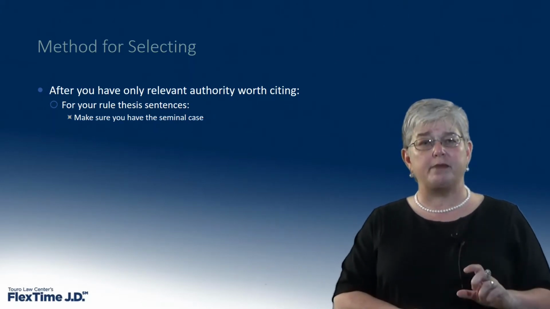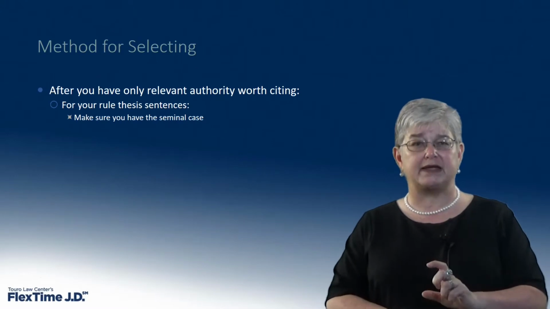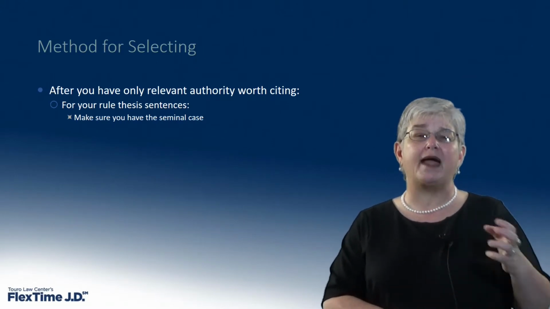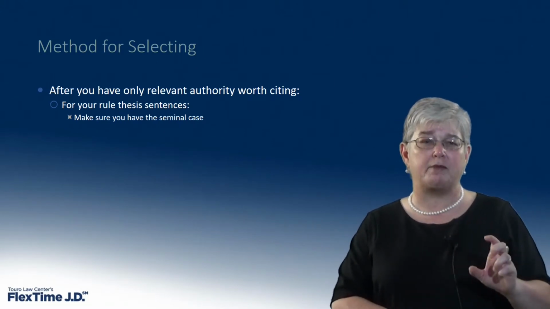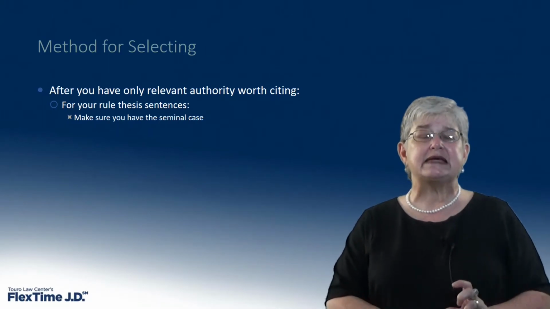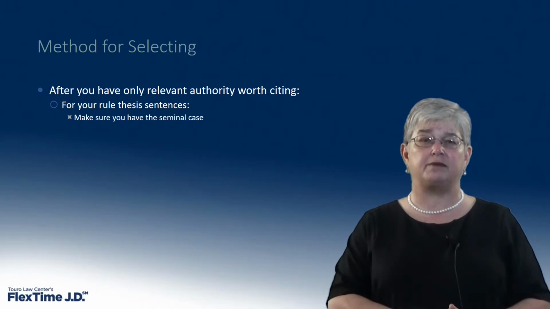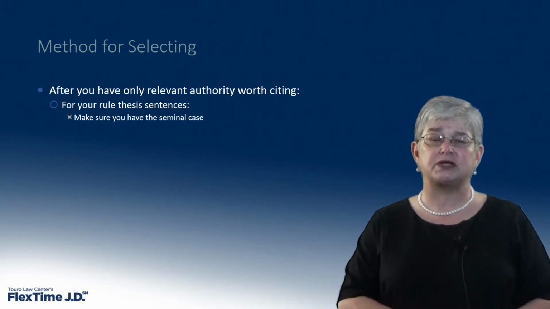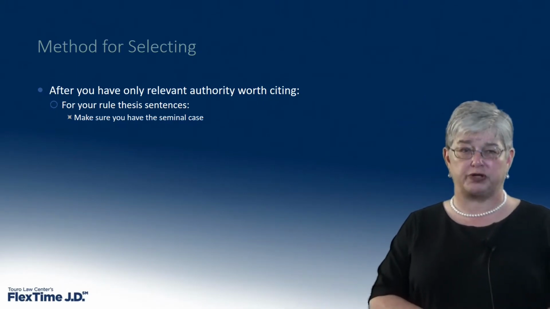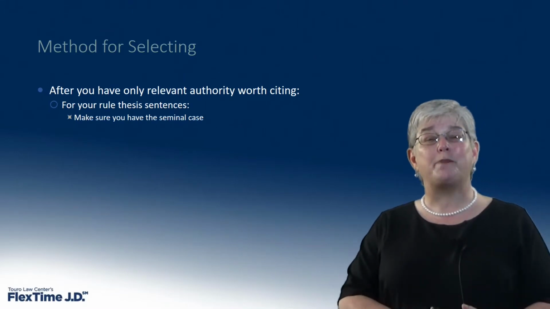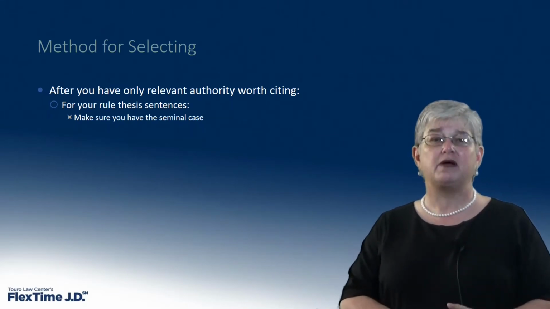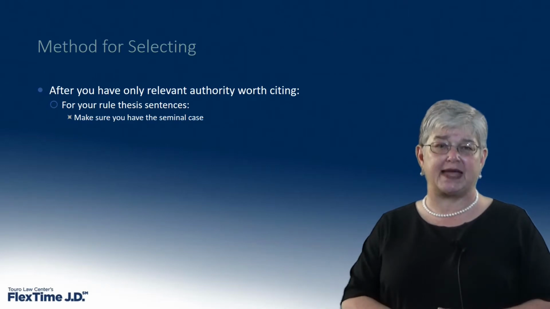Now, you want to remember that each party may rely more heavily on a different case. And so you want to make sure you explain all of the cases, the ones that the prosecution or the plaintiff will use, as well as the ones that the defense will use, and then show how both parties would deal with all of the relevant cases.